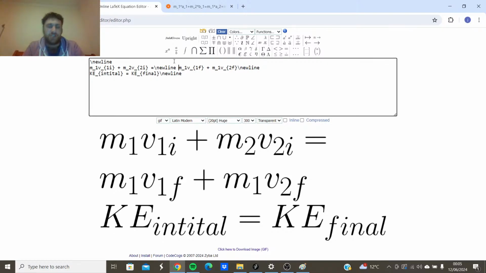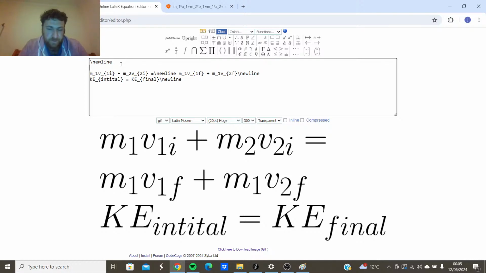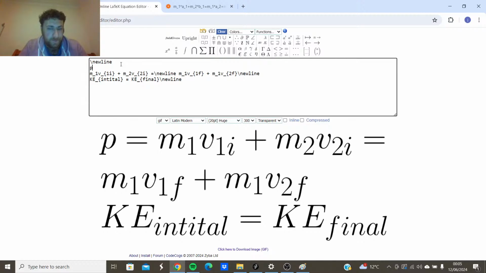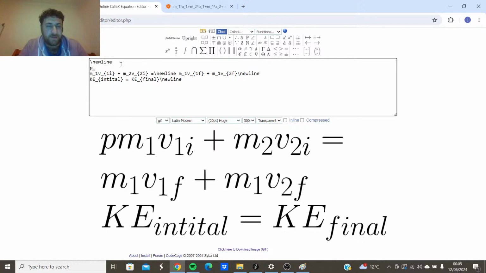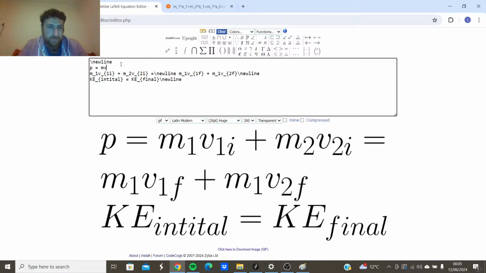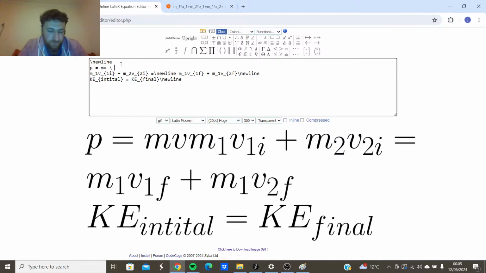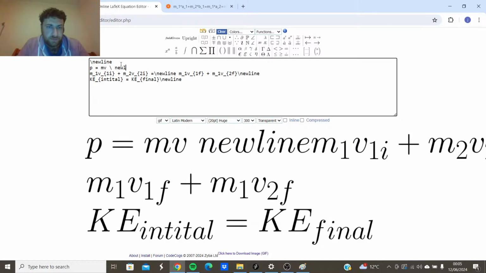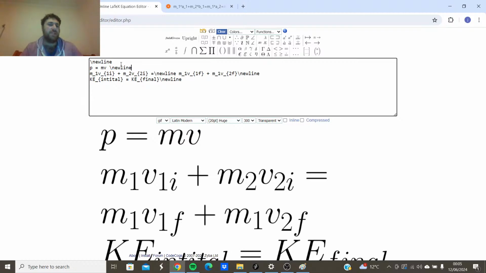Okay, this is our initial momentum equation: M1 V1I plus M2 V2I equals M1 V1F plus M2 V2F. We are going to make the substitution that P equals MV, and we'll do this for all of them.